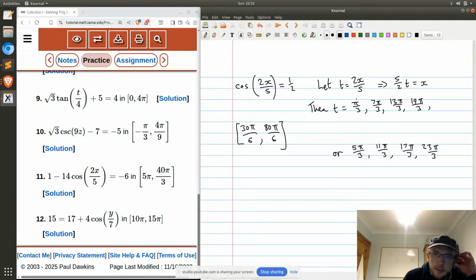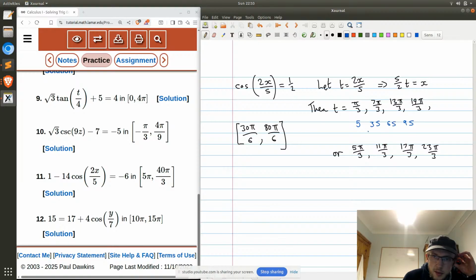Okay, anyway, I think I can get this now. I'm just going to focus on the numerators, the coefficients of the pi in the numerators. So 5, 35, 65, 95.